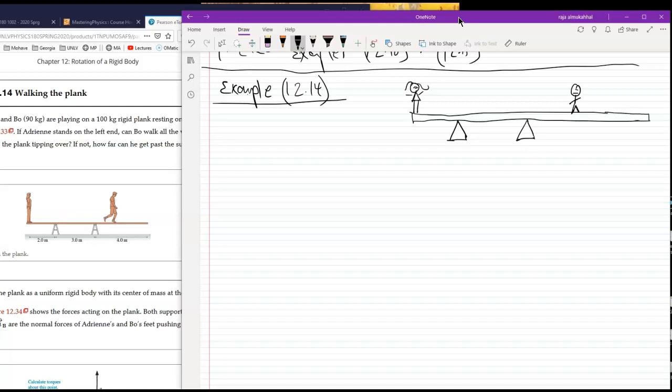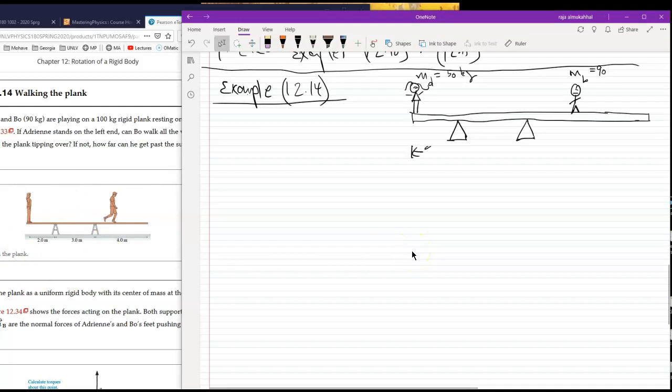Okay, so the mass of Bo, we're going to call him M sub B, is 90 kilograms. Adrian, I'm going to call M sub D, D for Adrian, is 50 kilograms. And then you have the support. Look at that picture right here, guys. So the support is from here.